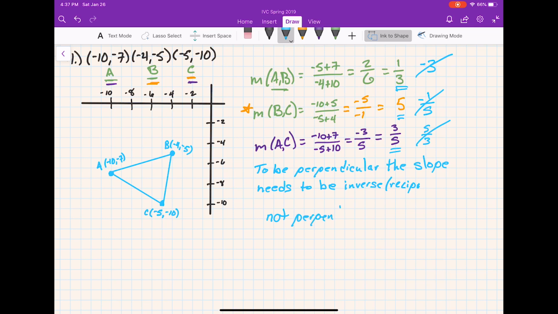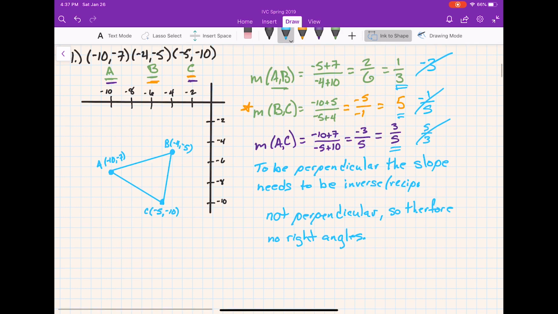So therefore, there is no right triangle. So this triangle is not a right triangle. So that's the easier way I feel like doing this. So therefore, no right angle. You wrote perpendicular, so no right angles. So we don't have a right triangle. So that's just my easier method, I think.